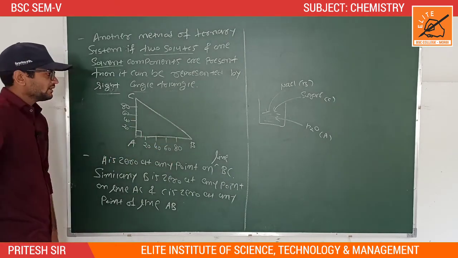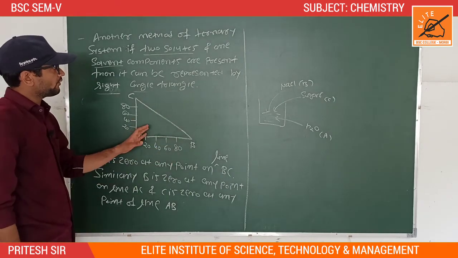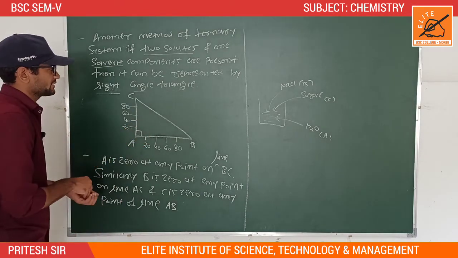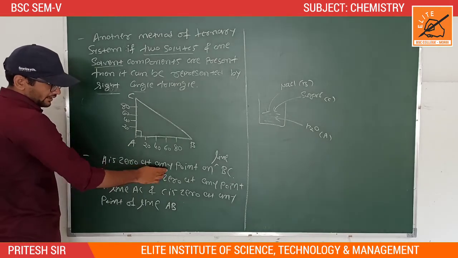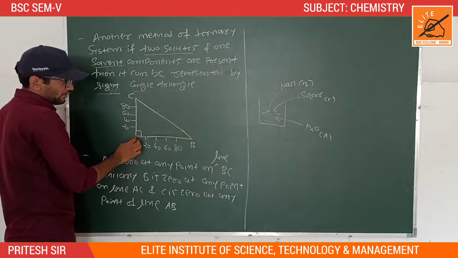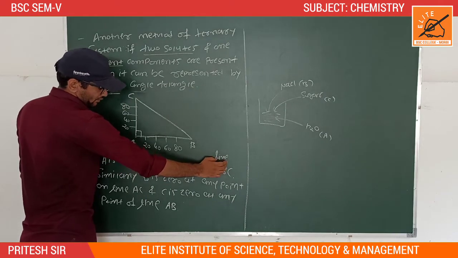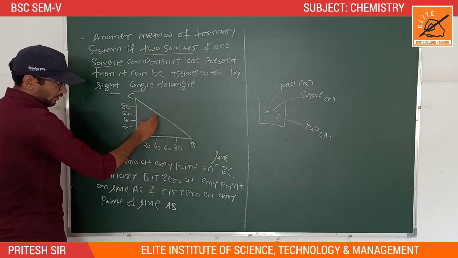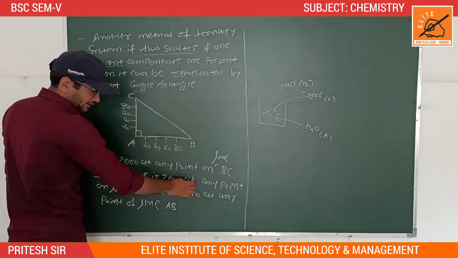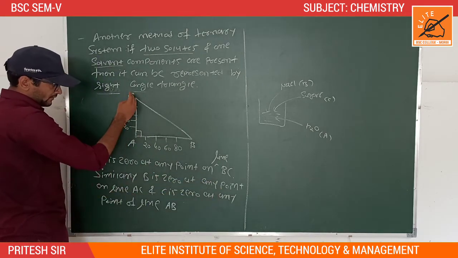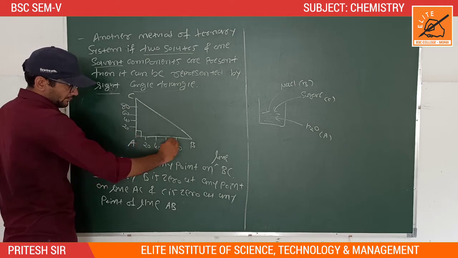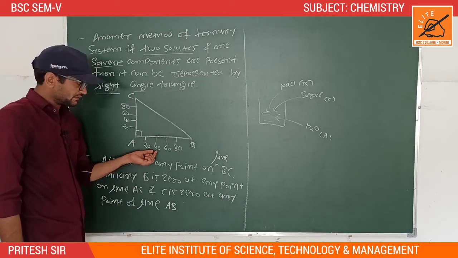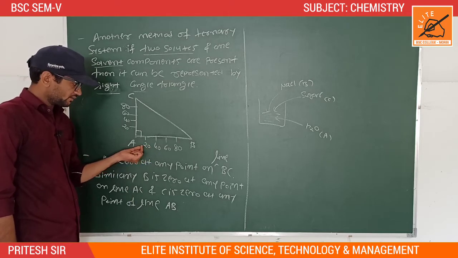So A is 0 at any point on side BC, B is 0 at any point on line AC, and C is 0 at any point on line AB. This is a rarely used method in three-component systems.